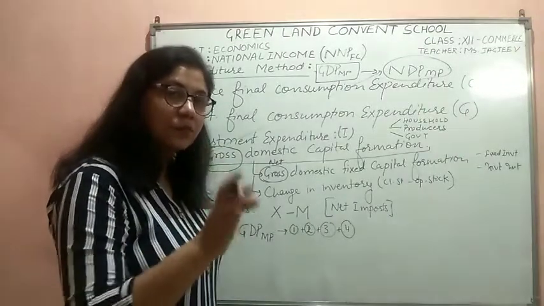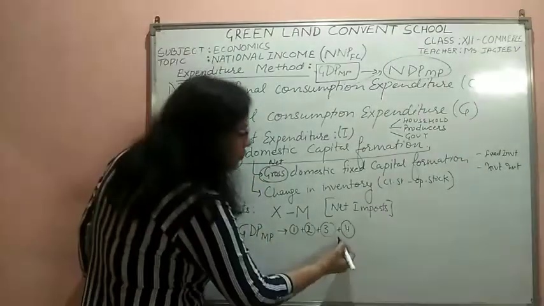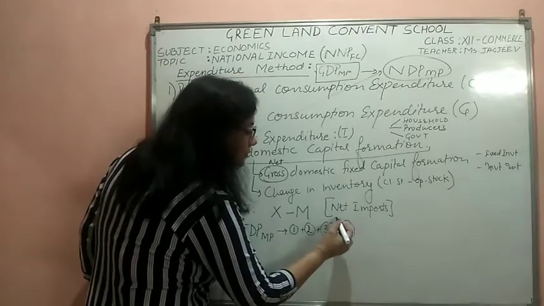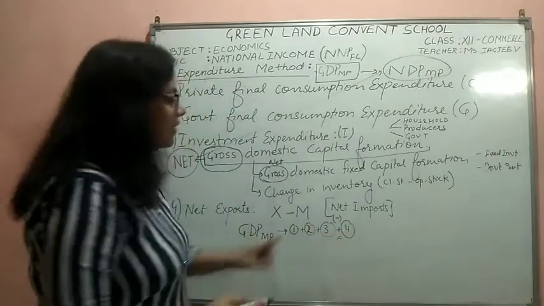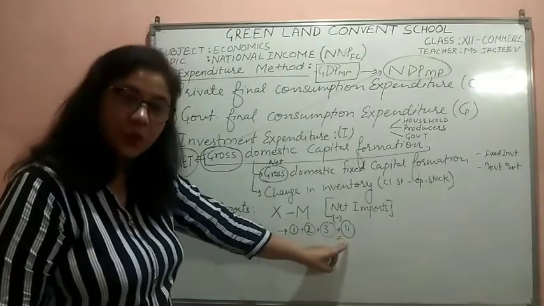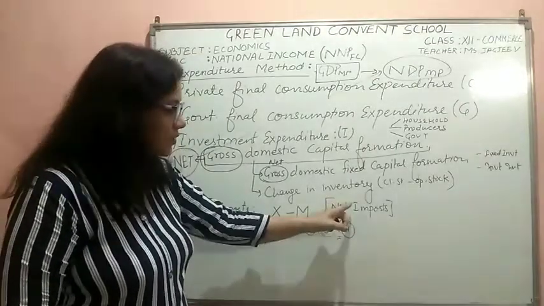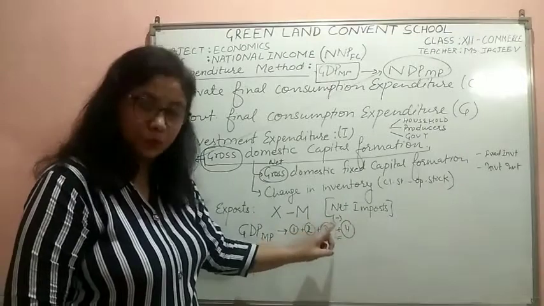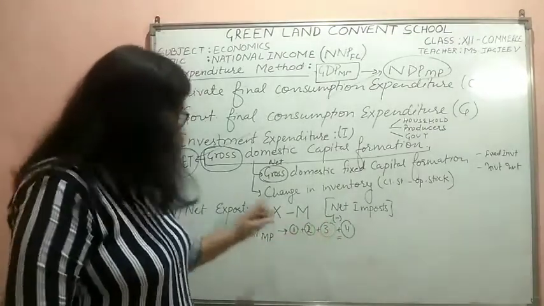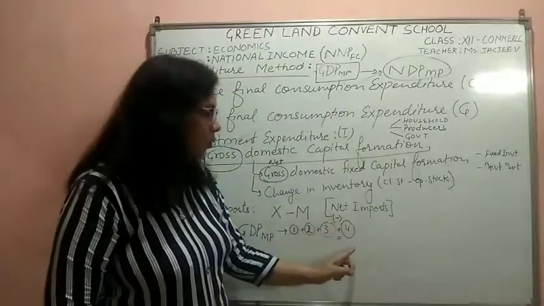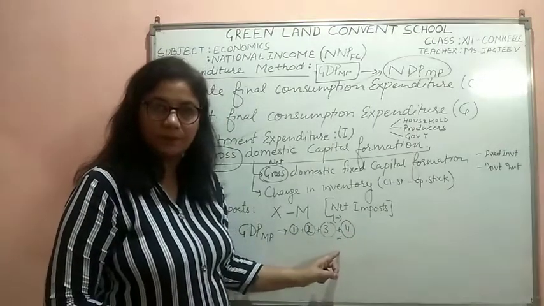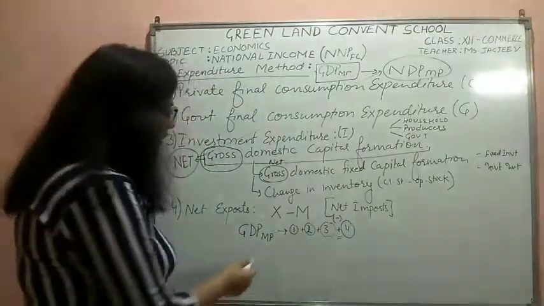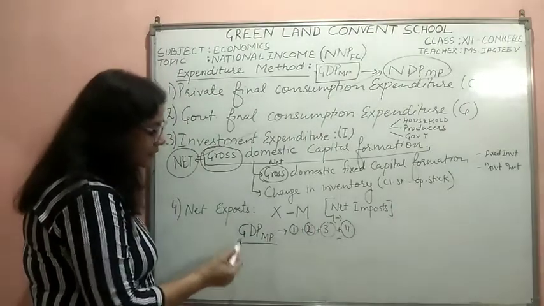Then this fourth item will become a negative item. Instead of adding net exports, we would be subtracting net imports. Write it clearly. Fine. So, here we are going to get GDP at MP.